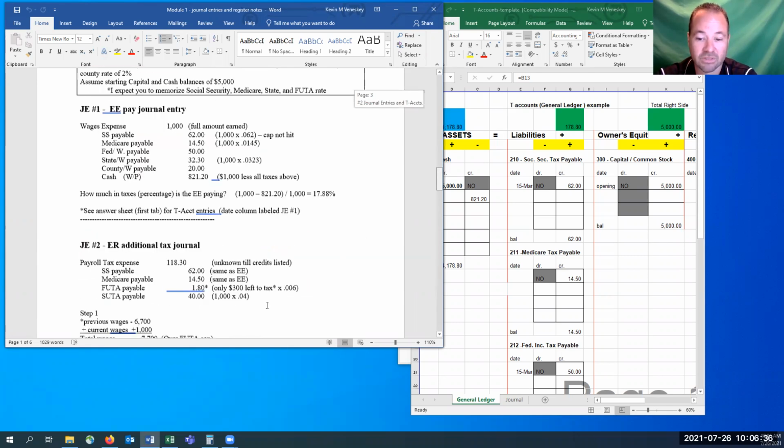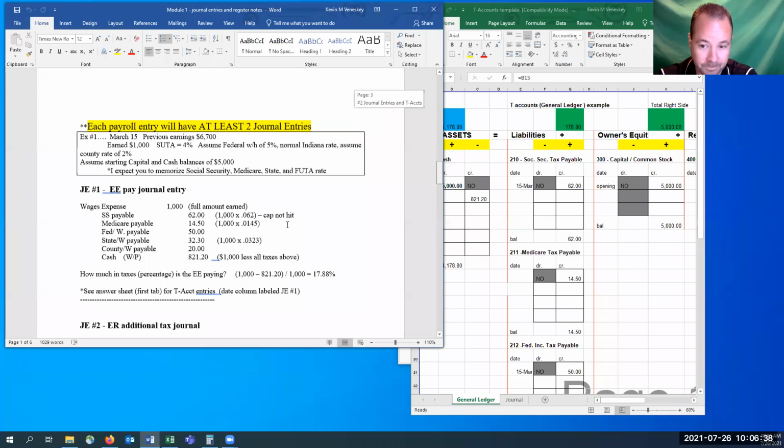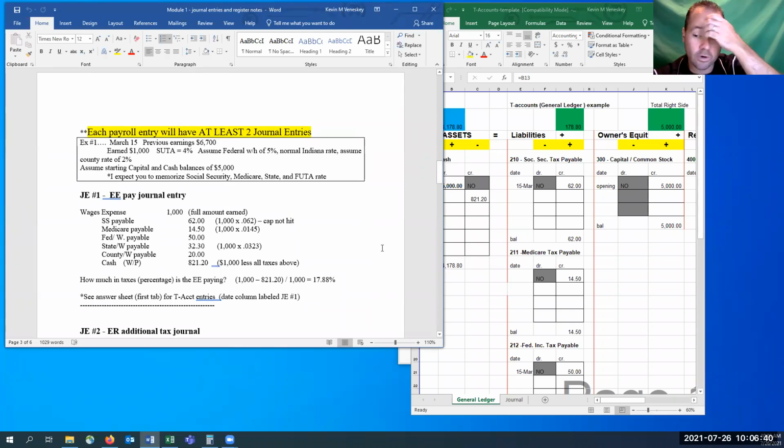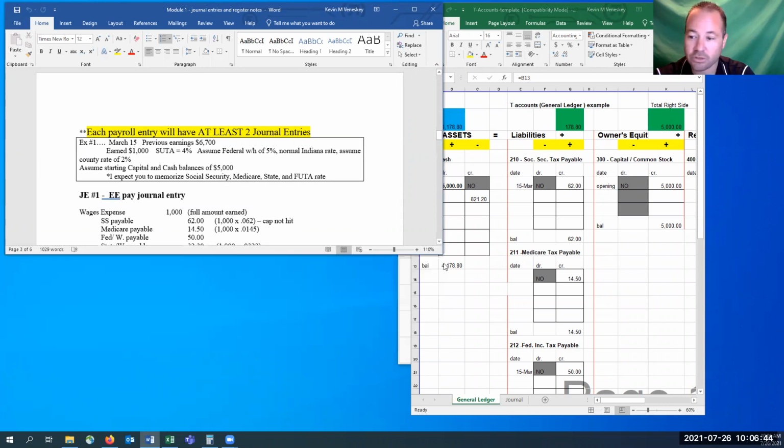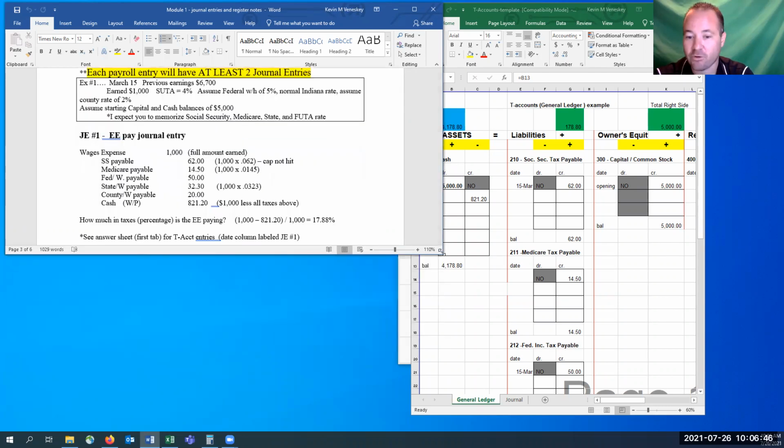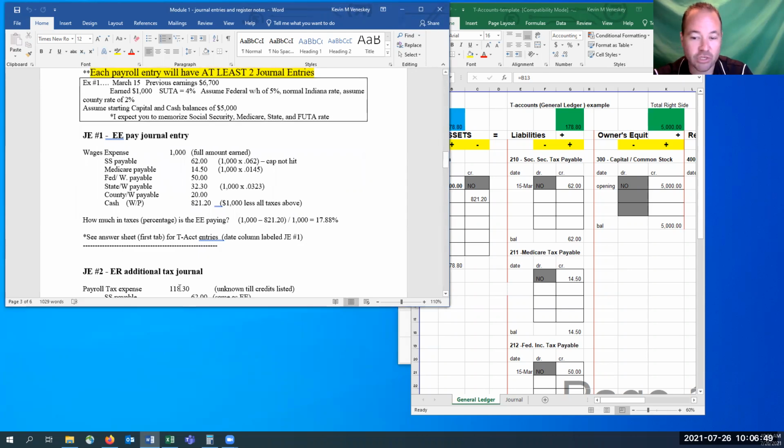Okay, so we're ready for this journal entry number 2. This journal entry number 2, we're going to start out. And the weird thing about journal entry number 2 is you're going to have your debit, but you're not going to actually know what it is. So we've got to think of this as like being XYZ, unknown.